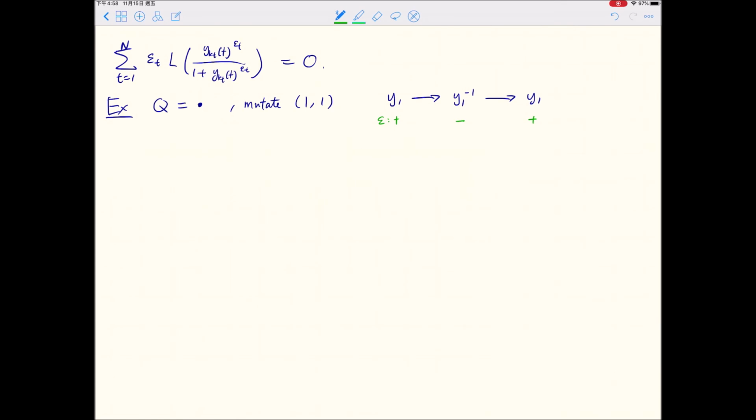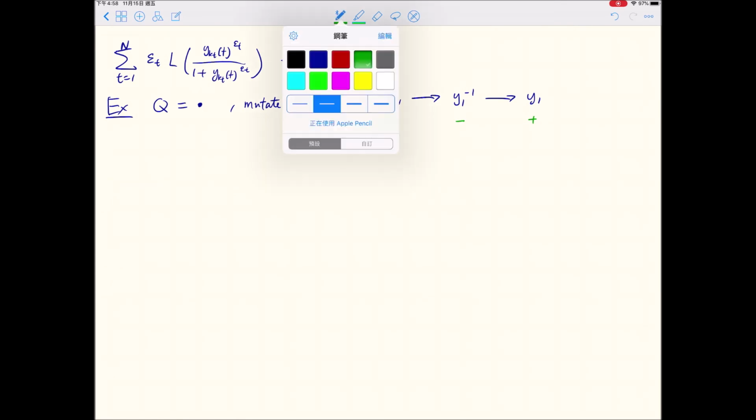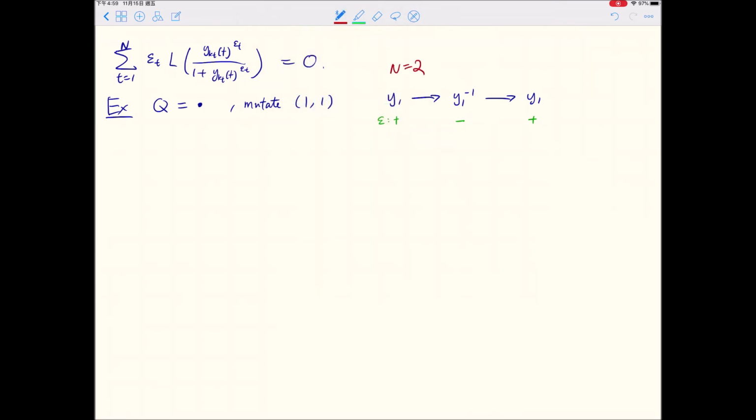So you only have n equals 2 in this case. So this is t equals 1, t equals 2, and t equals 3 goes back to itself, so it's the mu periodic part, and you don't care. You only care about the first two.